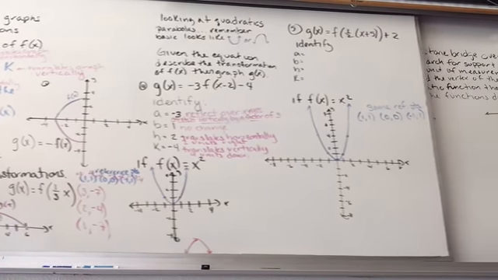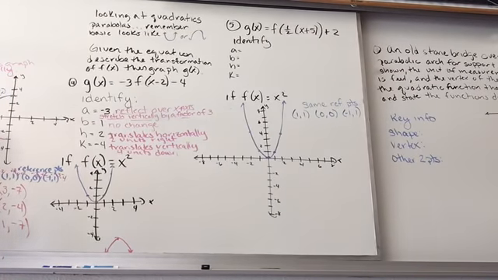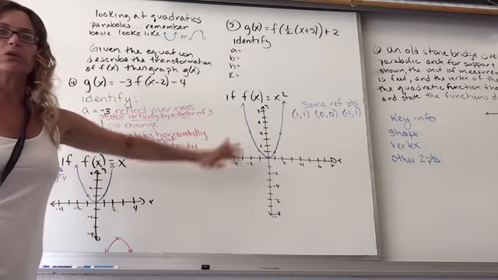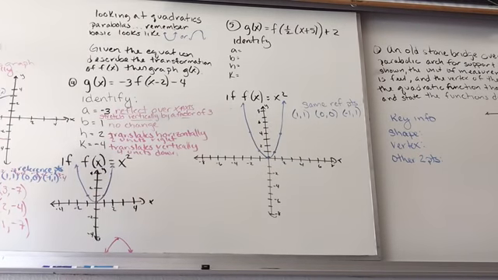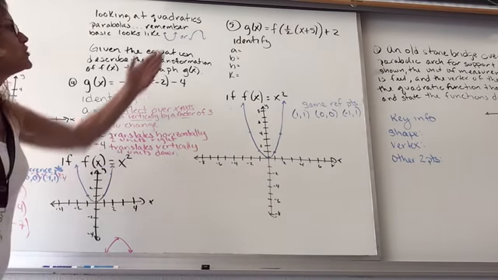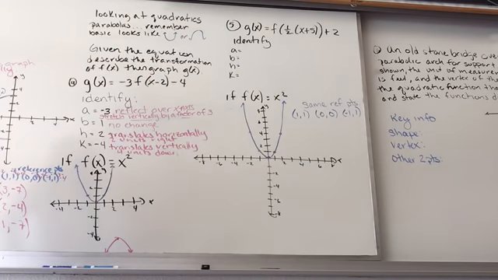Try it again. Remember, the basic function of a parabola is f of x equals x squared. And that's what I've graphed in blue again. This time, our equation is g of x equals f of 1 over 2, x plus 5, plus 2.